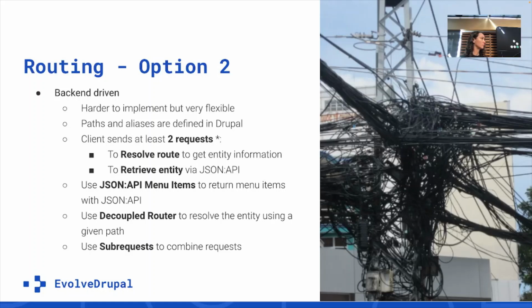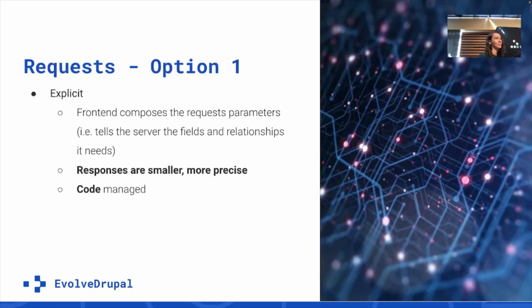It will return an entity UUID, and using that entity UUID, you can then send another request to get the data that you actually need. So you think, oh no, it's two requests. But fortunately, there are sub-requests you can use to combine those two requests into one, making it more efficient.